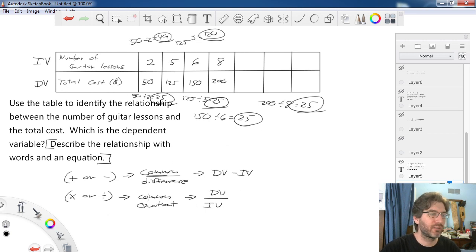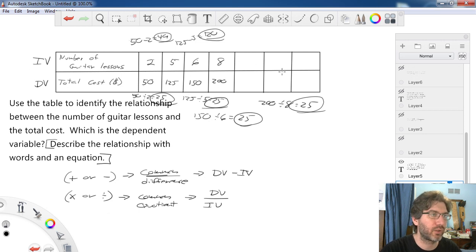In this case, you have a common quotient, which tells you how you're going from your independent variable to your dependent variable. Well, you're multiplying it by 25, right? 2 times 25 is 50. 5 times 25 is 125. 6 times 25 is 150. 8 times 25 is 200.